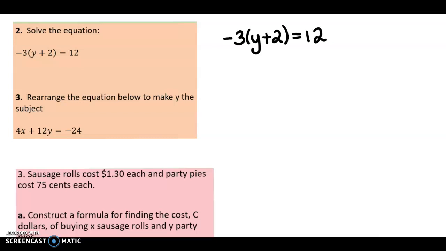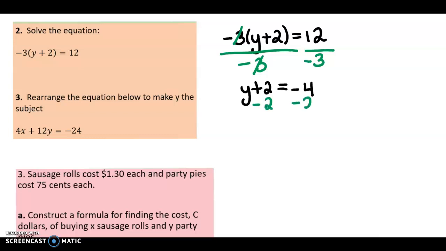So the first thing we're going to do is get rid of this negative 3 that is multiplied through by dividing everything by negative 3. So on the left hand side will remain our y plus 2, and on the right hand side we've got 12 divided by negative 3 is negative 4. Now to get y by itself, we're simply going to take this 2 from both sides to get an answer of y equals negative 6.